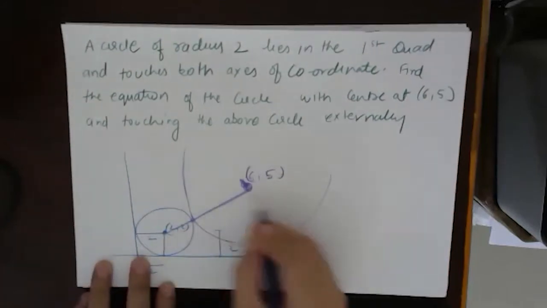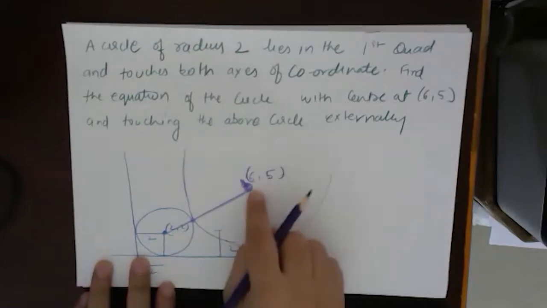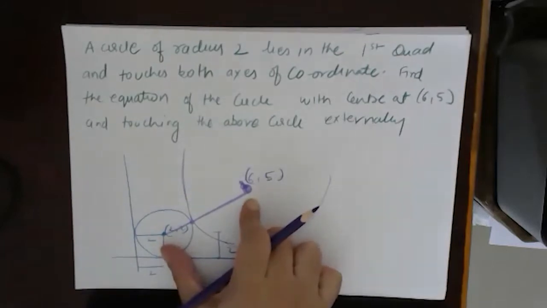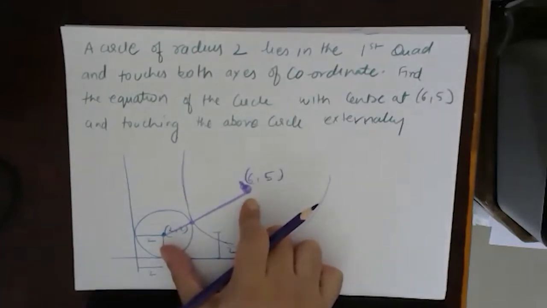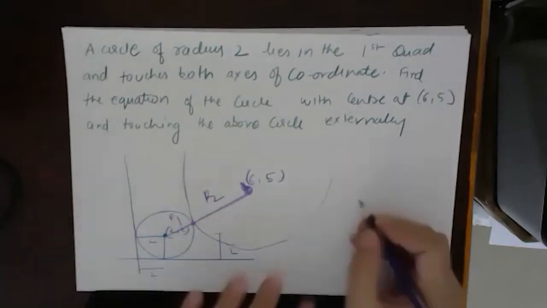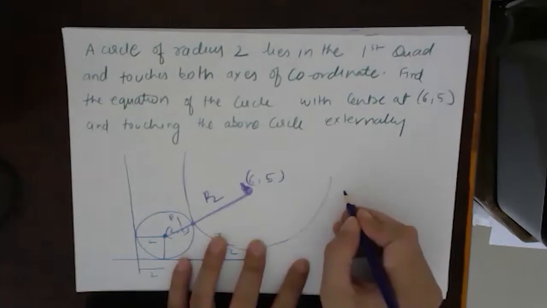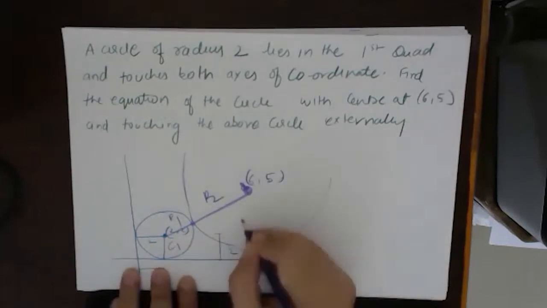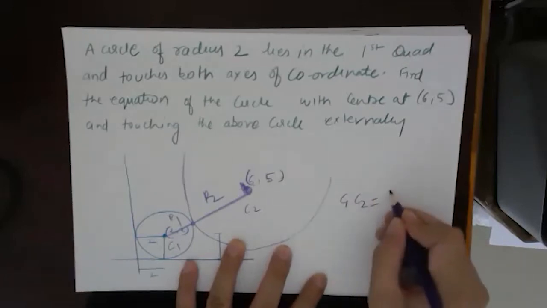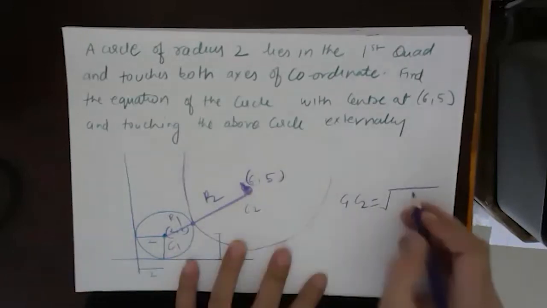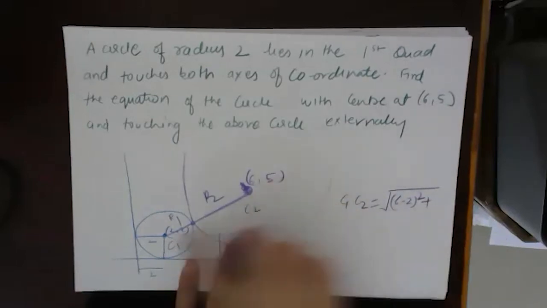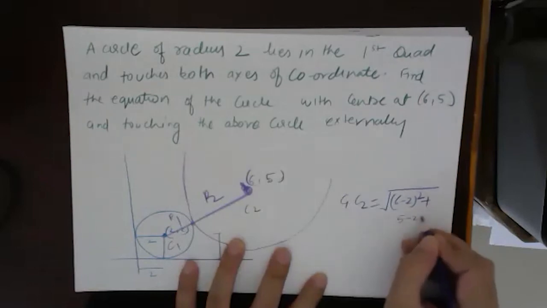This distance will be the distance between the points 6 comma 5 and 2 comma 2, and this distance will also be equal to the sum of the radii of the two circles. This is R1, this is R2. Let this be C1 and this be C2. So C1C2 will be nothing but the square root of (6 minus 2) whole squared plus (5 minus 2) whole squared.